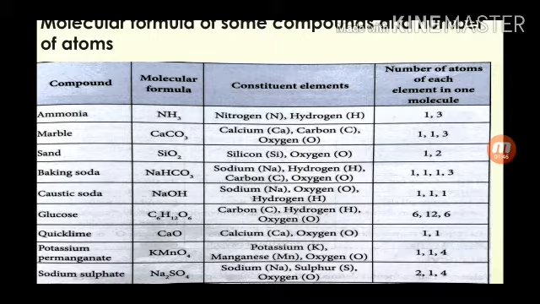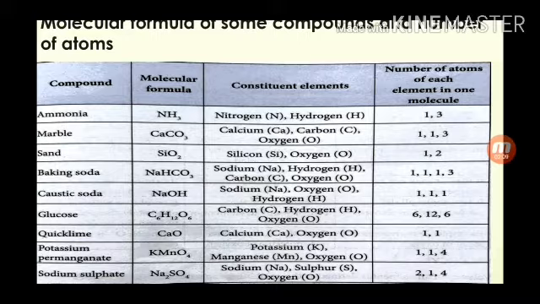Same as baking soda, NaHCO3. Its chemical name is sodium bicarbonate or sodium hydrogen carbonate. What are the constituent particles? Sodium, H stands for hydrogen, C stands for carbon, and O stands for oxygen.